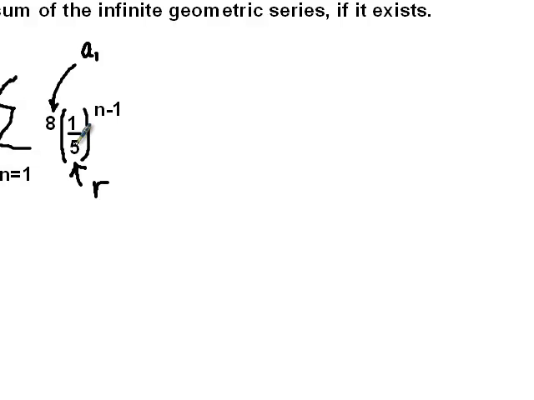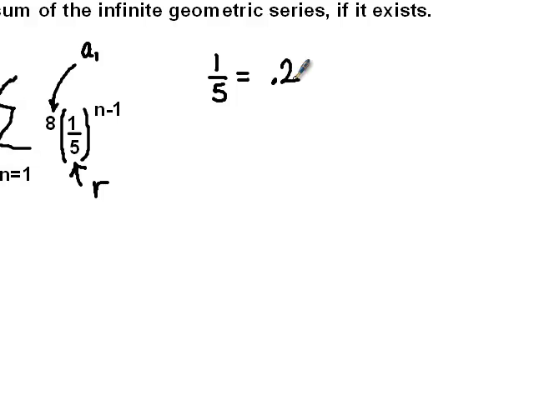The ratio cannot be more than 1. And if you throw in 1 divided by 5 in your calculator, you'll notice that that is not over 1. 1 divided by 5 is actually 0.2. So it's well below the 1. Okay, so this is good.